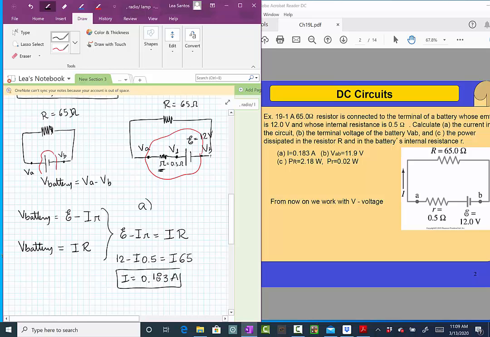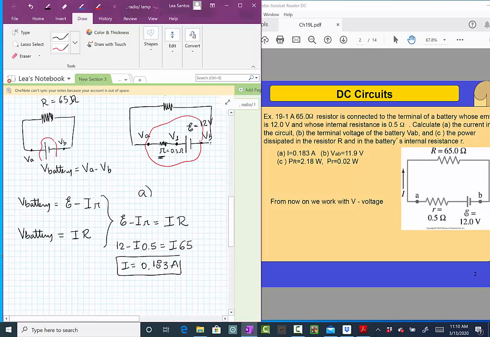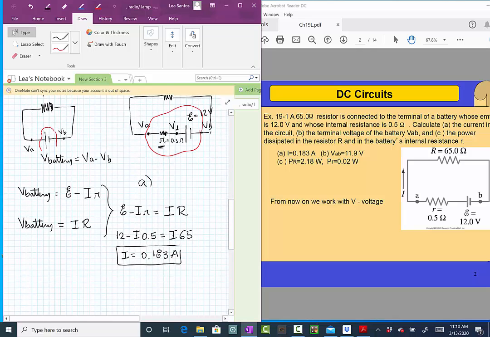All right, done. Let's see part B. Part B is asking, now that you have the current, what is the terminal voltage of the battery? What is this VA minus VB that we wrote? Now we have all the ingredients to get the potential difference of the battery. There are two ways we can do that.